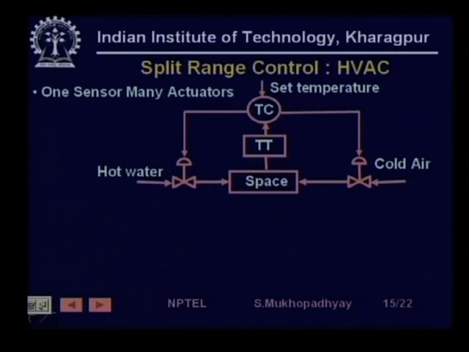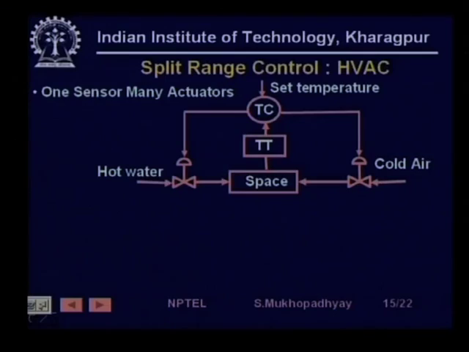And the temperature is affected either by hot water, as in countries abroad where they have heat exchangers installed in various corners of the room, through which they send hot water for heating rooms, or you can have cold air as in air conditioning.